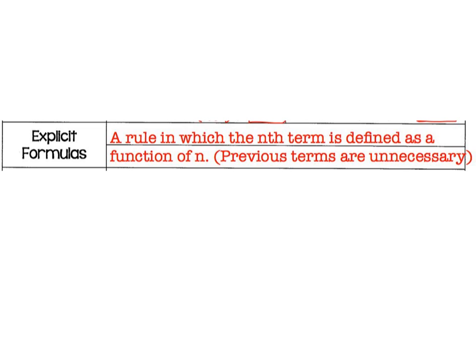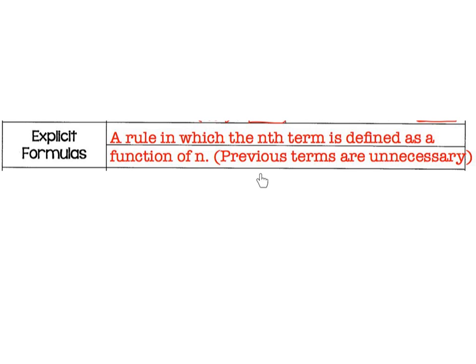All right, so here's another definition that we need to know. So an explicit formula, so before we learned recursive formulas where the previous term mattered and we used the previous term to get the next term. That was recursive formulas. Now we're learning explicit formulas. And an explicit formula is a rule in which the nth term or the following term is defined as a function of n.